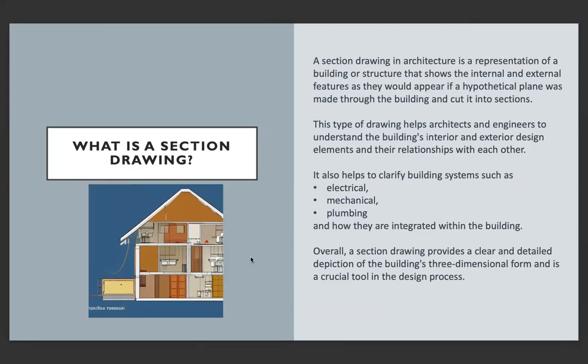It also helps us to clarify building systems such as electrical, mechanical, plumbing, and how they are integrated with the building. Overall, a section drawing provides a clear and detailed description of the building's three-dimensional form and is a crucial tool in the design process.